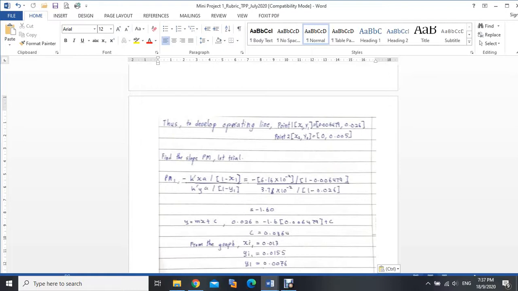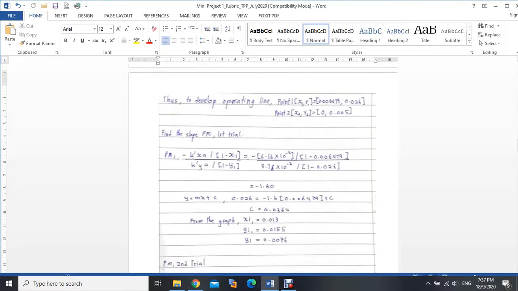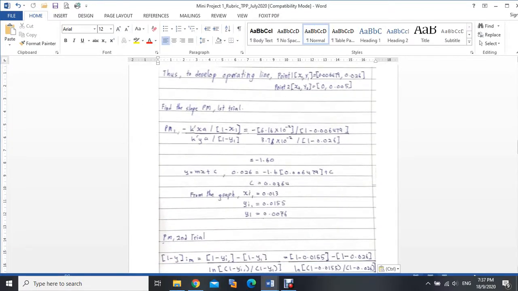We have to find the slope, so we use the equation for the packed absorption column, which is this one: M1 equal to K'xa divided by 1 minus x1 and divided by K'ya divided by 1 minus y1. From the material balance, we can find the value of M1, which is negative 1.60.